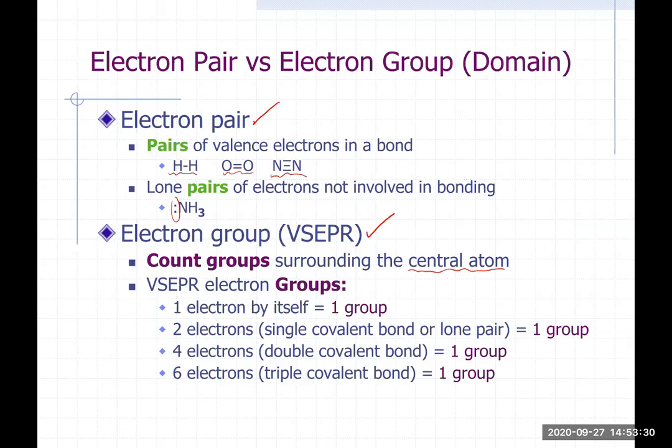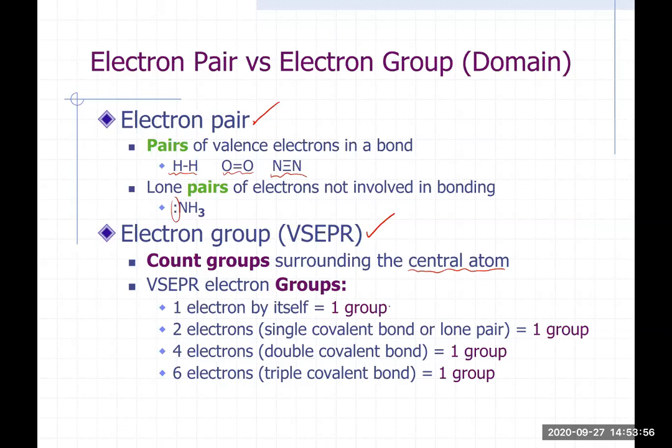And the VSEPR electron groups include all of the following. 1 electron all by itself, which you haven't seen yet, but you may before this course is over. It's called a radical. That's 1 electron group, 1 electron domain, or 1 VSEPR group.